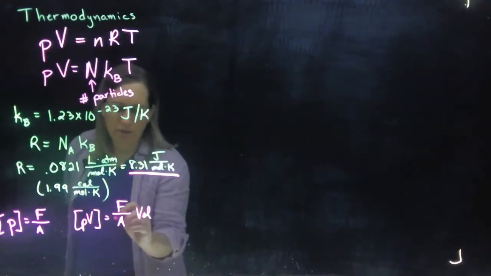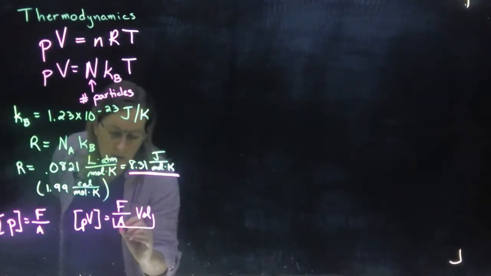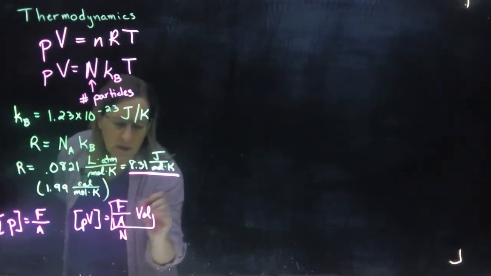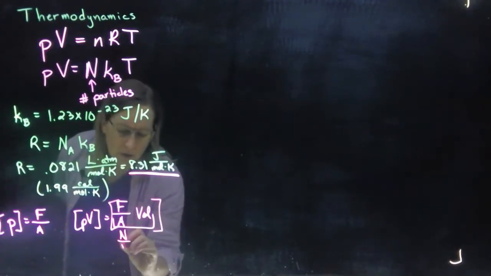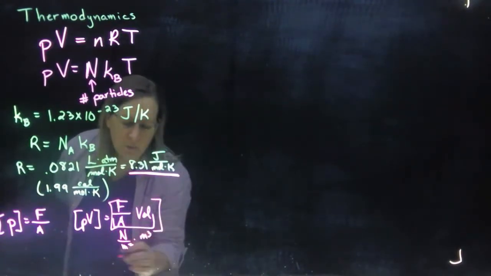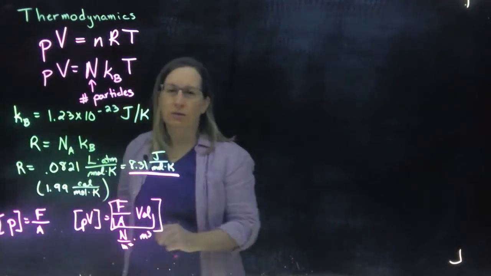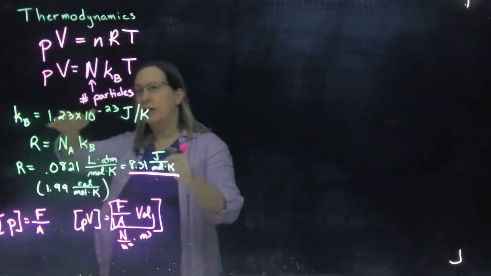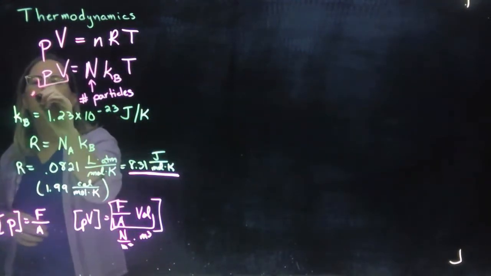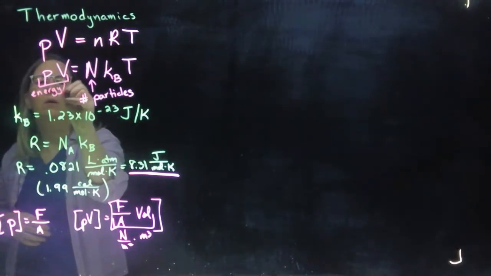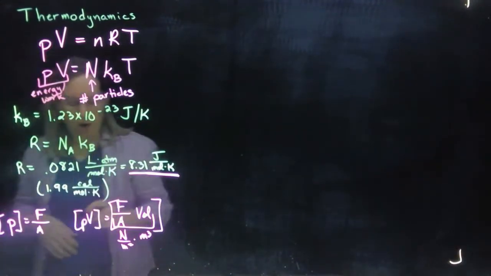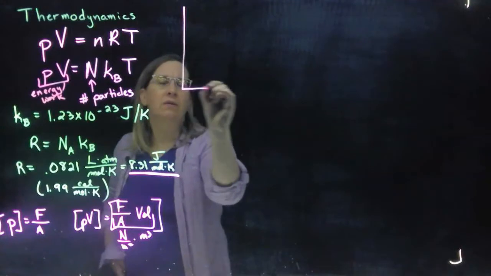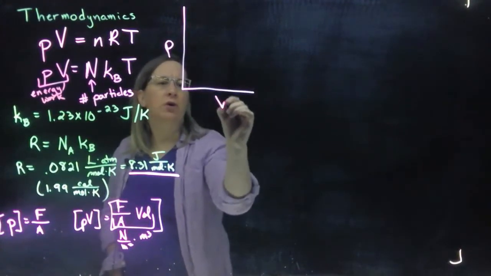So I'm looking at units of newtons over meters squared times meters cubed, which is a newton meter, which is in fact a joule. So this has units of energy, work, right? One other thing to say, we're going to often plot this as pressure versus volume, which may or may not be a way you're used to seeing this.